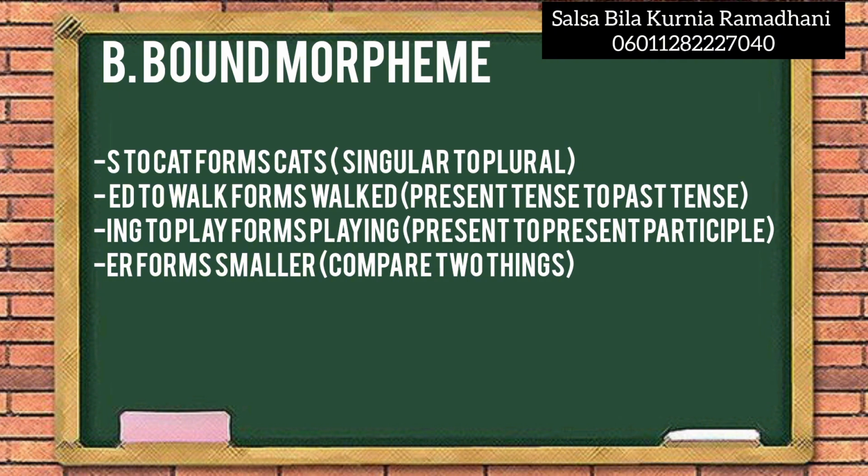Adding "ed" to walk forms walked, which means present tense to past tense. Adding "ing" to play forms playing, which means present to present participle. And adding "er" to small forms smaller, which means comparing two things.